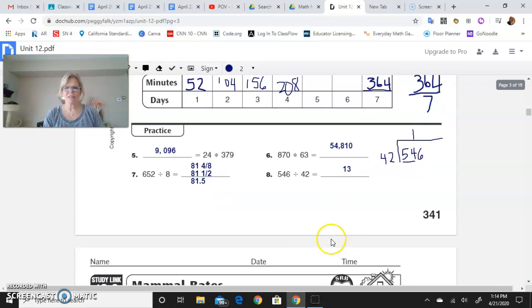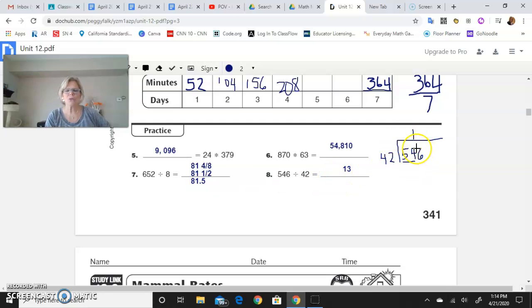Okay, now I just did these for you, 5, 6, and 7. Now 7, if you're going to have a remainder, your remainder is 4, and then I can put that over my divisor, so 4/8. So it'd be 81 and 4/8, or if you reduce that, it's 81 and a half, or if you write it as a decimal, it's 81.5.